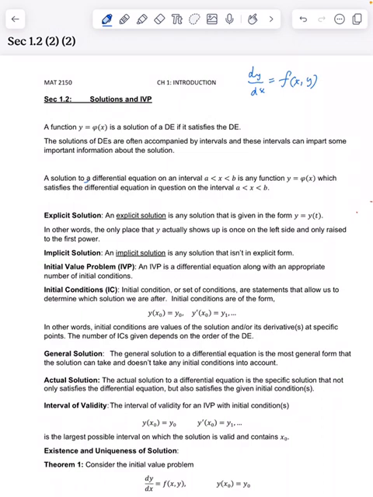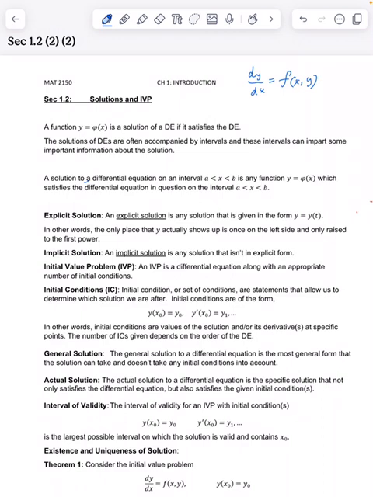You will notice that 0 is a solution of a lot of differential equations. I think almost every differential equation, probably. And then it is called a trivial solution. But we are more interested in non-trivial solutions.